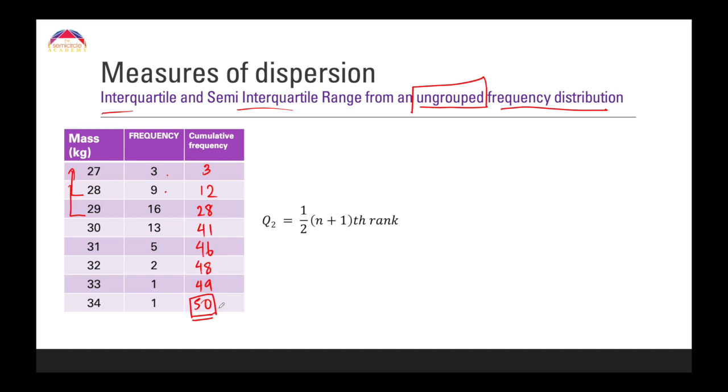So, obviously, you could agree that we would get Q1 if we did a quarter of n plus 1, and we would get Q3 if we did 3/4 of n plus 1. So this is how we find our quartiles when we are dealing with a frequency distribution.